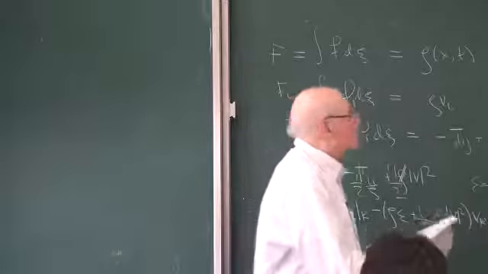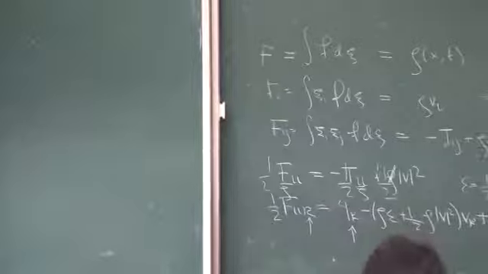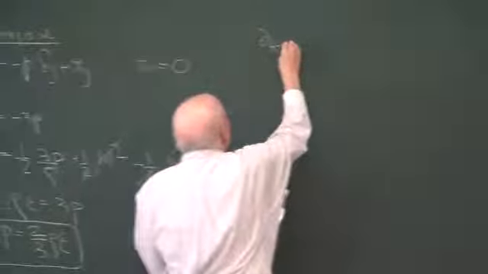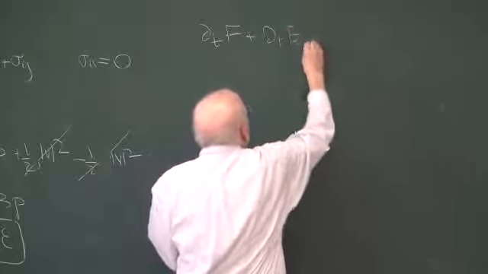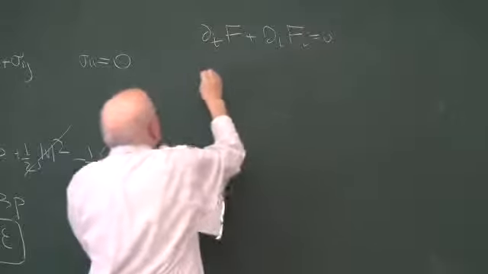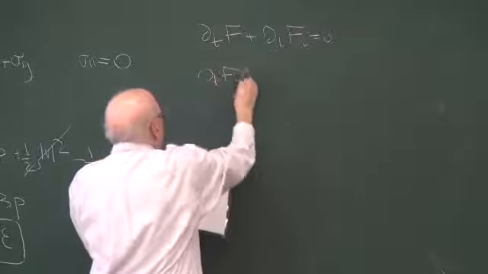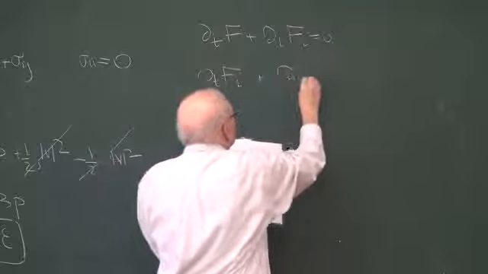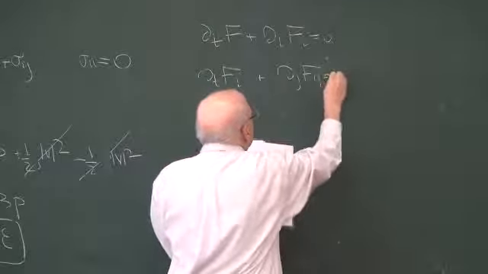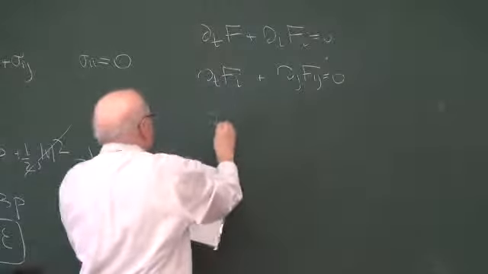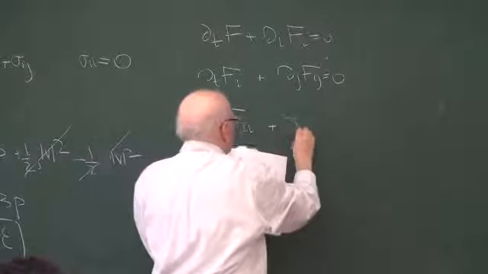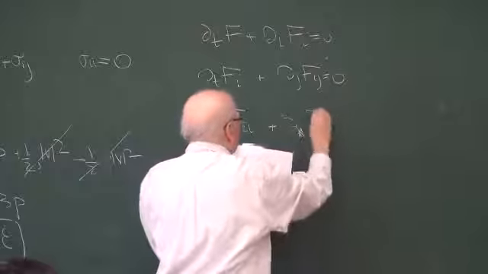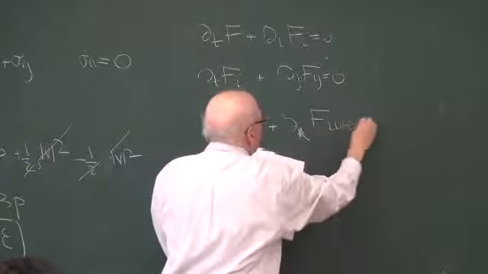Let's review, just taking the first 5 moments. So remember, it's d dt of f, d dt fi plus d dj fij, and d dt of just a trace plus d dk fi ik equals 0.